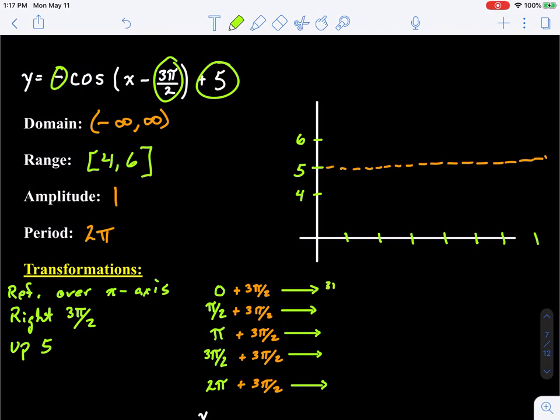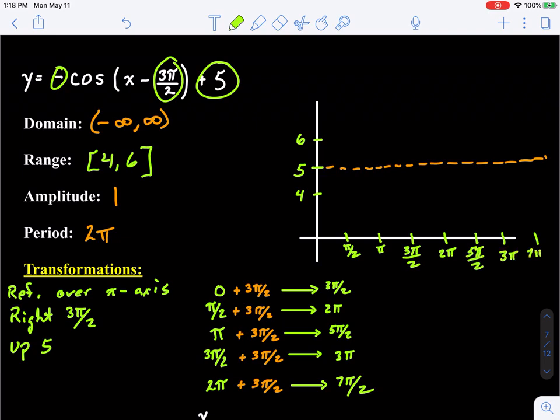So we need to add 3 pi over 2 to each of these values. And so when we do that, we have pi over 2, pi, 3 pi over 2, 2 pi, 5 pi over 2, 3 pi, 7 pi over 2.